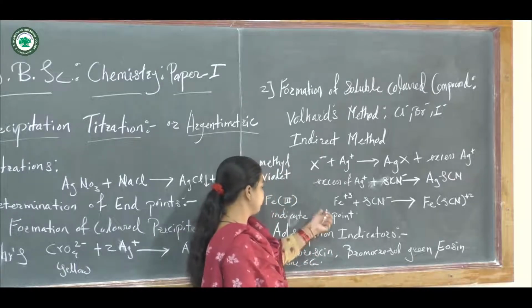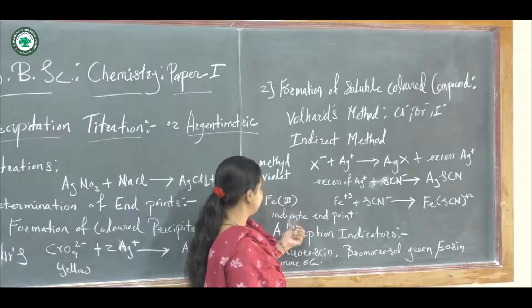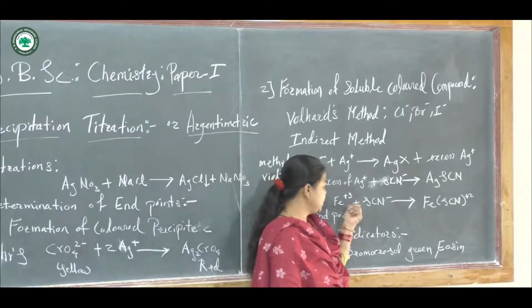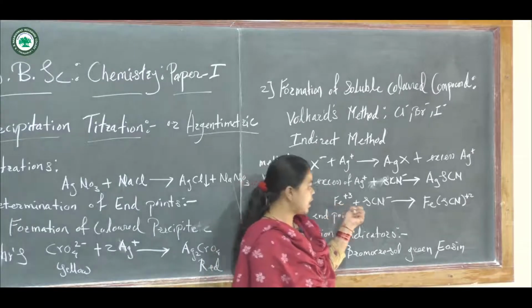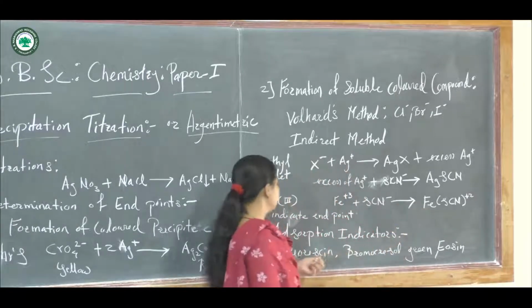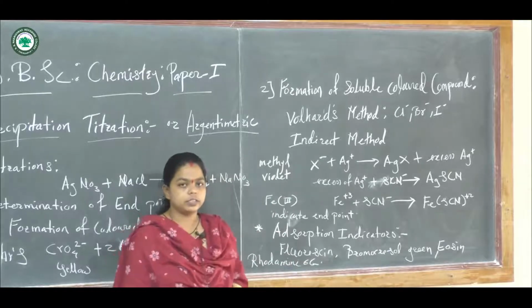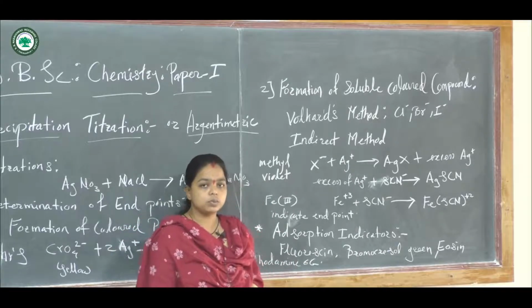This compound contains Fe plus 3 ions. So as soon as these Fe plus 3 ions are produced in the solution, we get the end point for this titration. So we are getting the colored solution here.